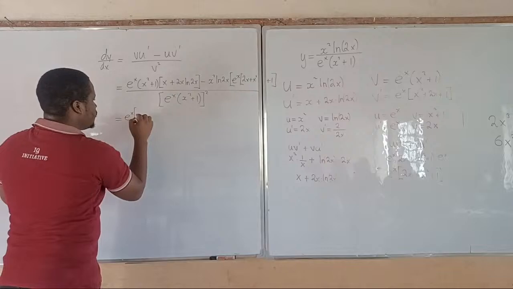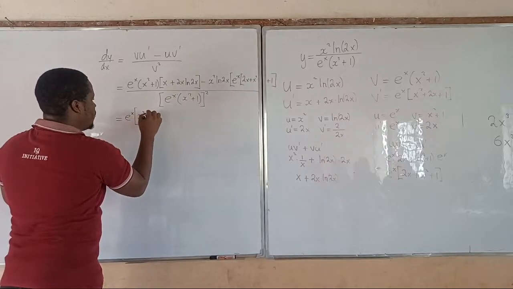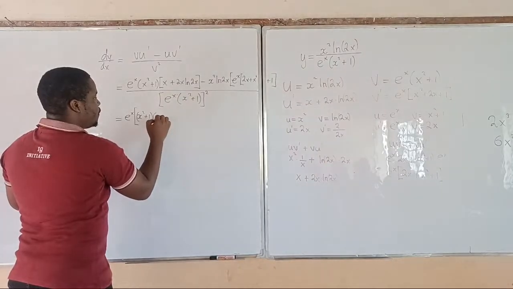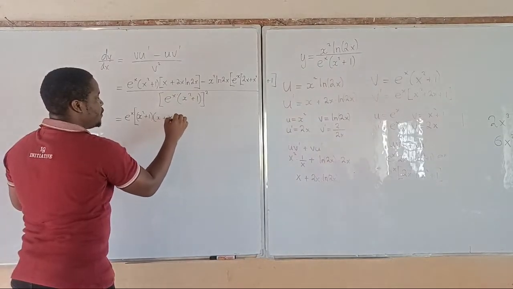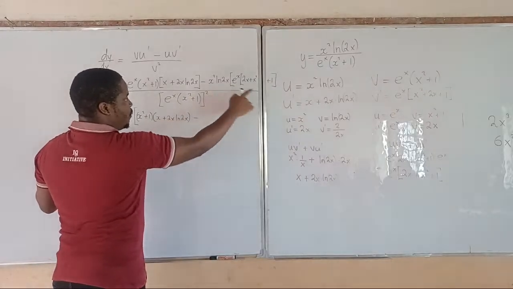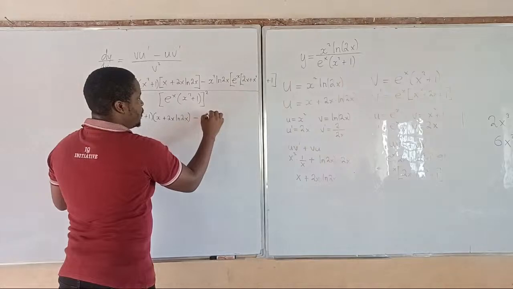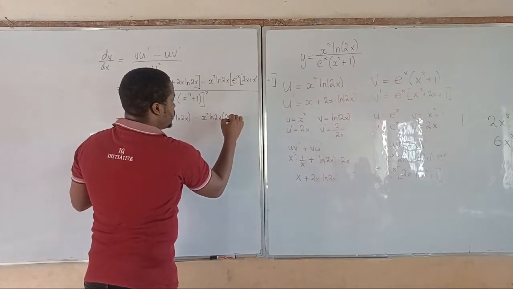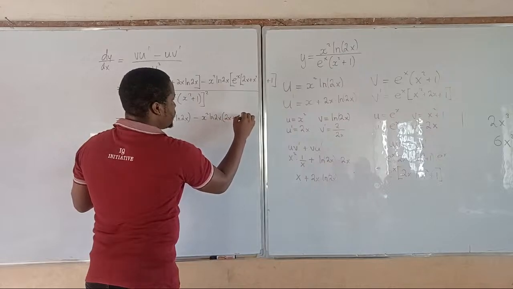What remains? We'll have (x squared plus 1) in brackets. Here we have x plus 2x ln 2x, minus, here what remains? We have x squared ln 2x, open bracket, 2x plus x squared plus 1.